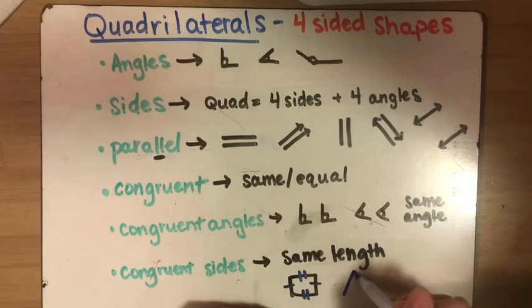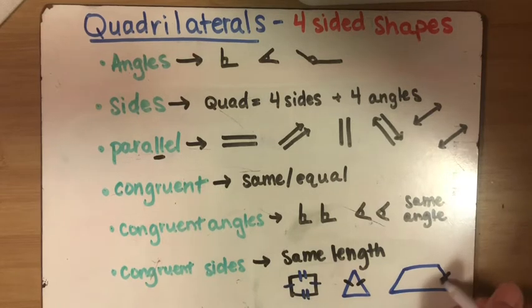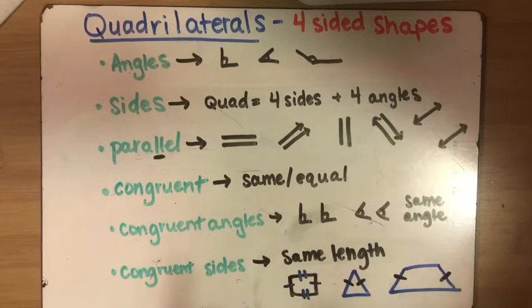But this could be in other shapes too. You could have congruent lengths in a triangle, or it doesn't have to be parallel either. You could have something like this, and these two sides could be congruent, but maybe the other two sides aren't. So literally all it means is that they're just the same length.